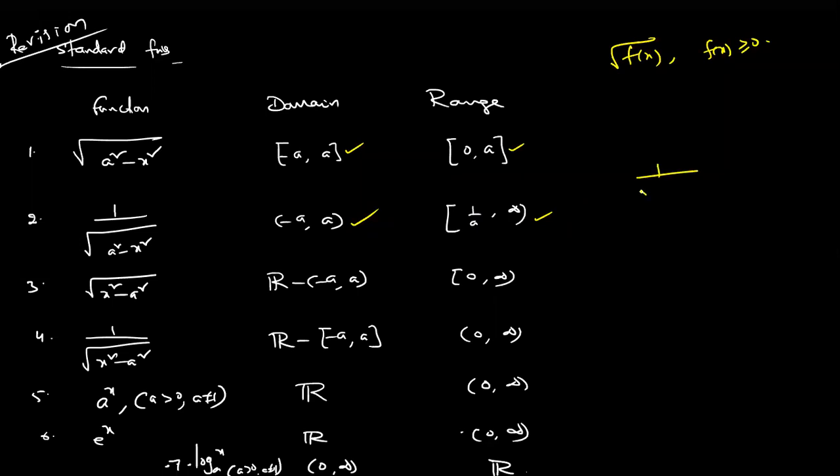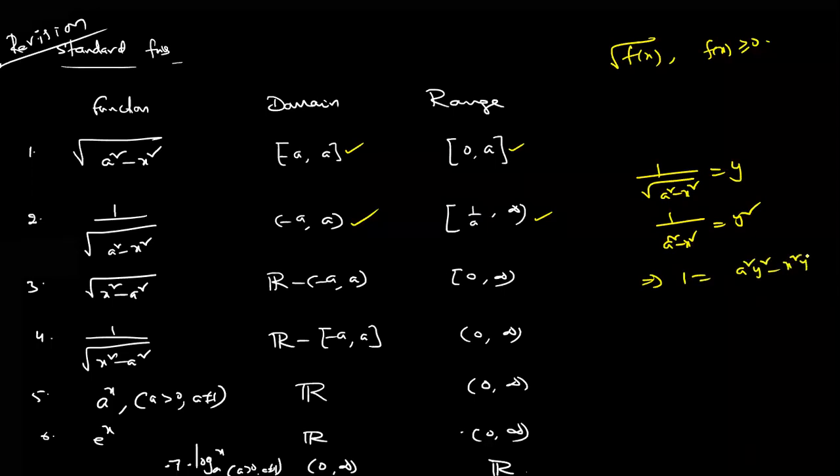What is the case here? How to find range? Take the function equal to y. Squaring on both sides, 1 is equal to a square y square minus x square y square. What is the result? A square y square minus 1. Express x in terms of y.